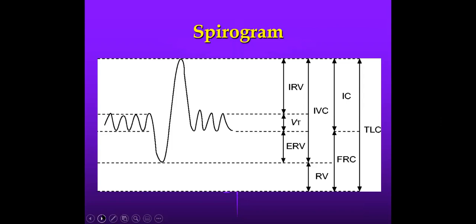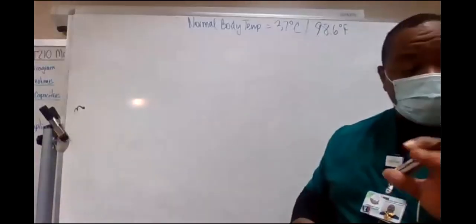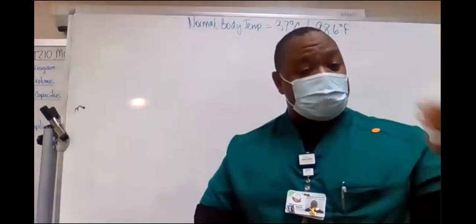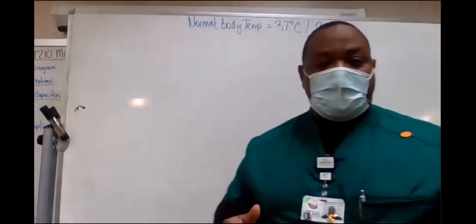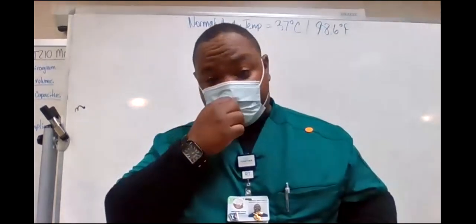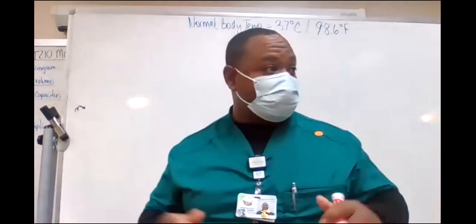Make a big box. Right here. All right, so let me stop the share. Quick way to draw the spirogram, which you are able to do when you come to campus and take the test. I'll let you draw the spirogram once you have cleared your desk on test day. So memorizing is key, okay?